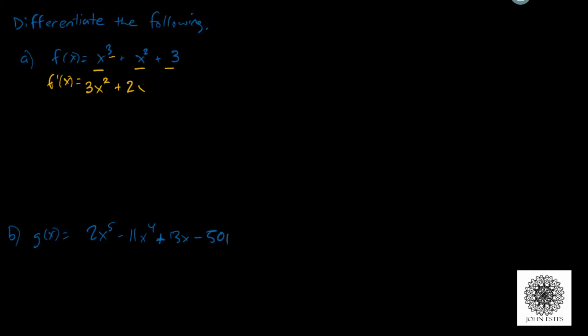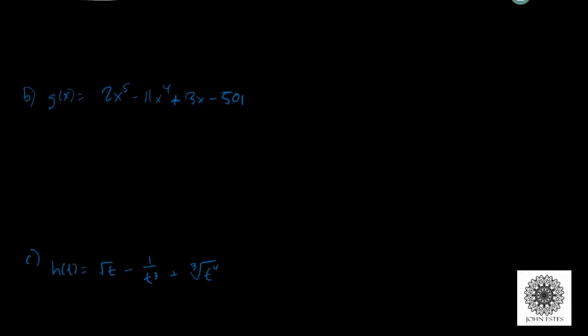That's 2x to the 2 minus 1 power, which is just 1, and so we don't even write that. And then lastly, I have 3, and remember the derivative of a constant we learned is 0. So here I just have a 0, and normally I wouldn't write it that way. You say 3x squared plus 2x, and there's your derivative.